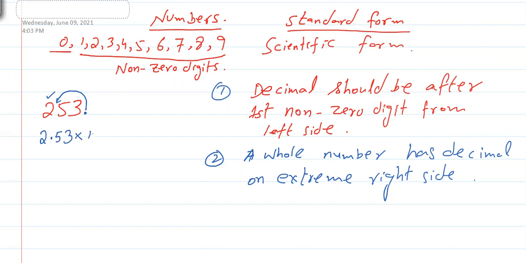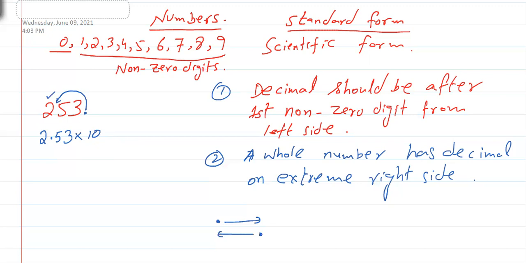When we shift the decimal from one side to another, you multiply with 10 to the power. Your decimal might shift from left to right or from right to left. Whenever you shift the decimal either way, you multiply with 10 to the power. Right now, I'm shifting the decimal from right to left.